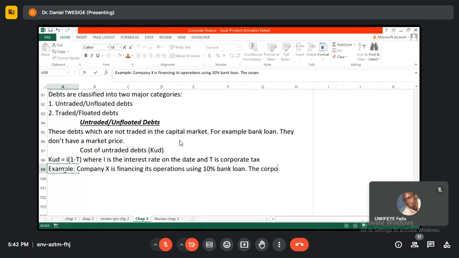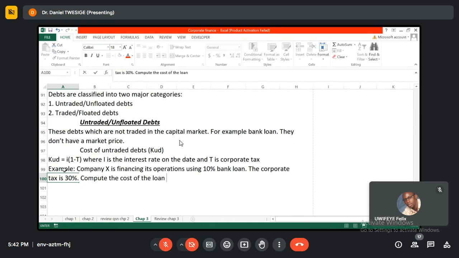The corporate tax is 30%. So compute the cost of the loan.